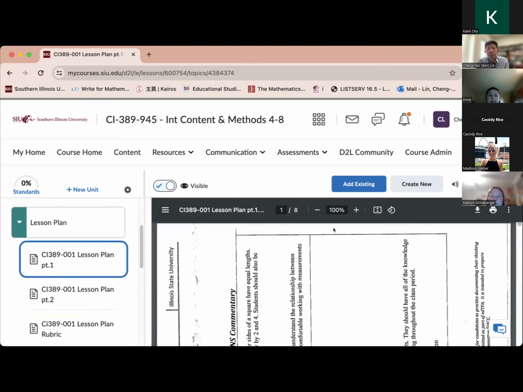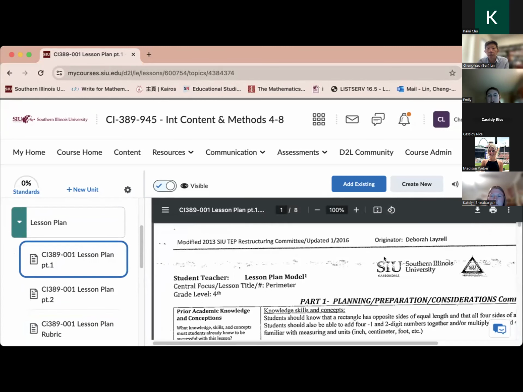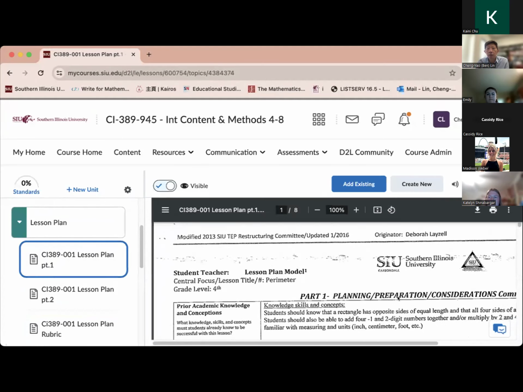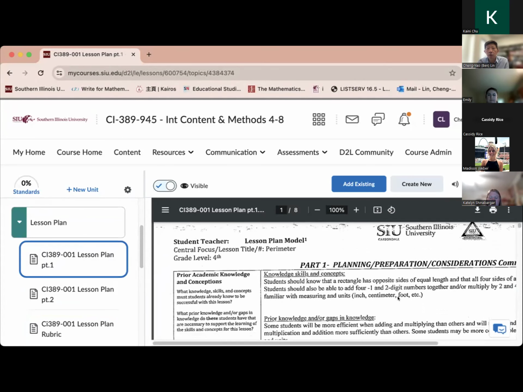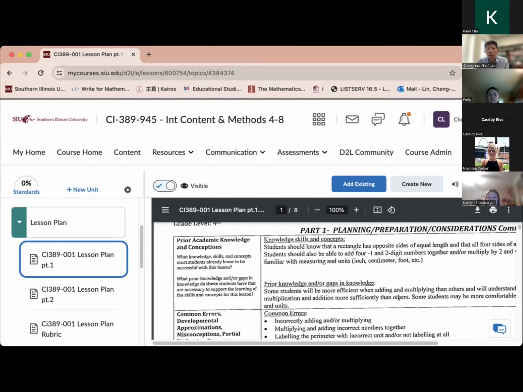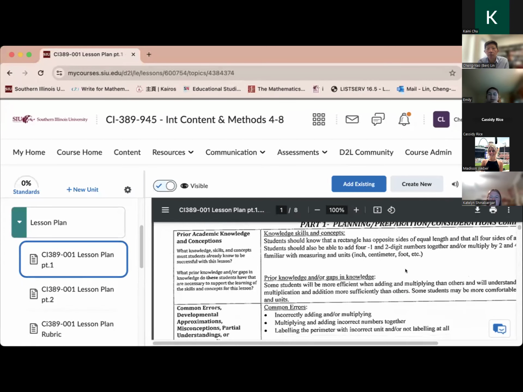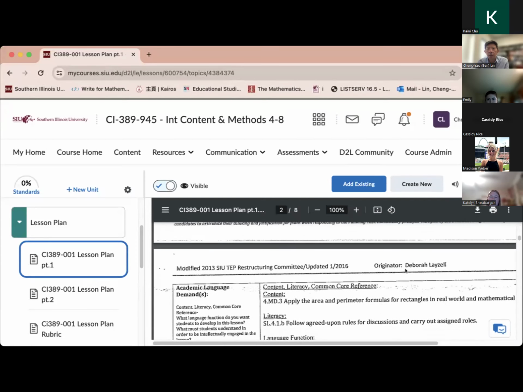Are you going to provide us the template to write out the lesson plan, or do we have to find that on our own? I think the template you can use is the one from the TEP. If you have EDUC courses, they might have a template for you like this, okay? So here is an example you can find from the D2L, okay?